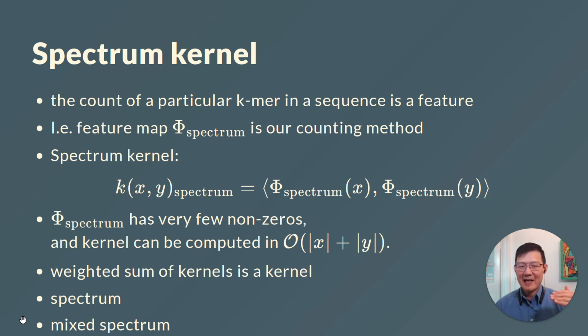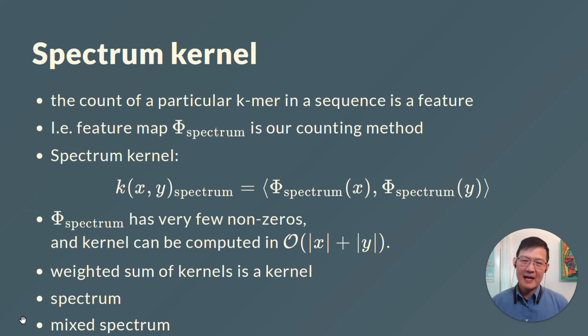Now the k-mer counting approach turns out to be exactly something called the spectrum kernel. So what is the spectrum kernel? You count a particular k-mer in a sequence as a feature. You represent that feature map, which we discussed before already. And the spectrum kernel is literally the inner product of these two feature vectors.